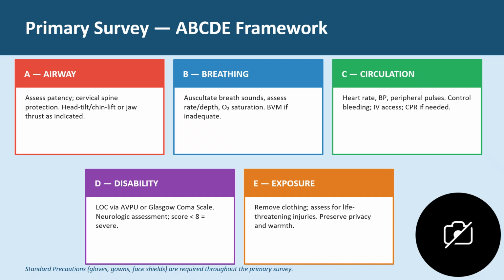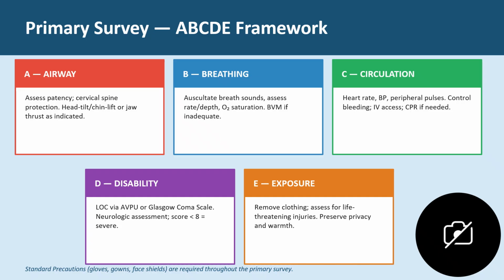The second is breathing. We auscultate breath sounds. You'll be assessing bronchovesicular sounds, vesicular sounds, and also assess respiratory rate and depth along with O2 sats. For the circulation, we'll be monitoring heart rate with the pulse ox and with the BP instrument.